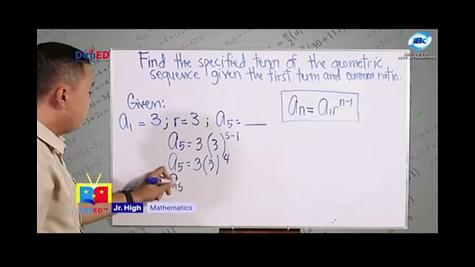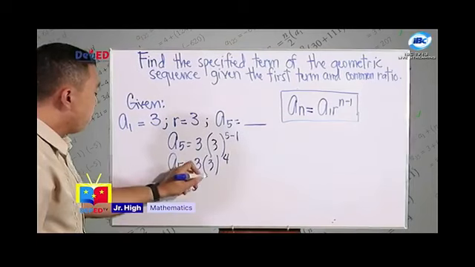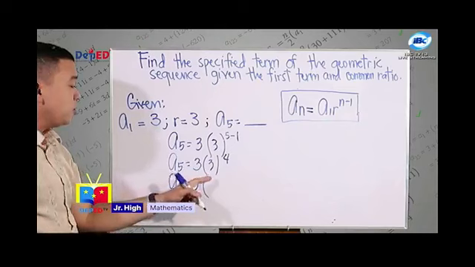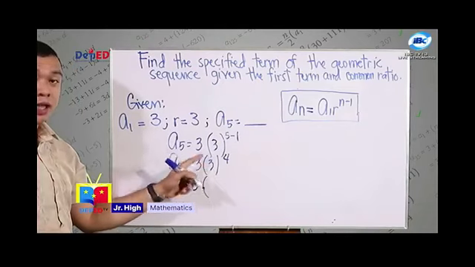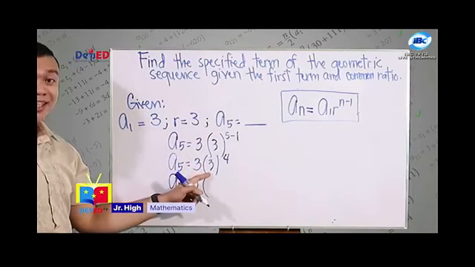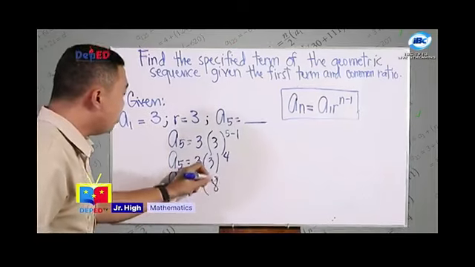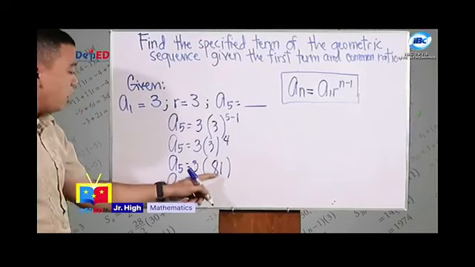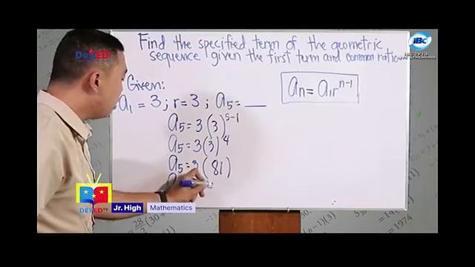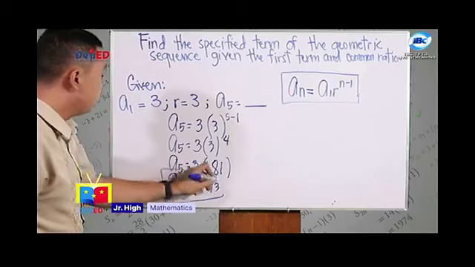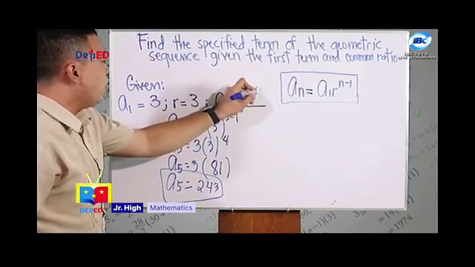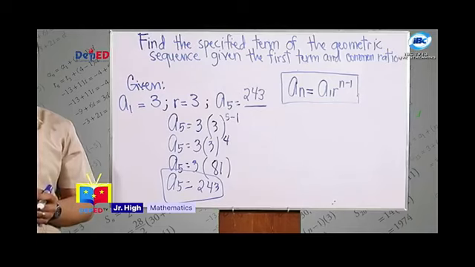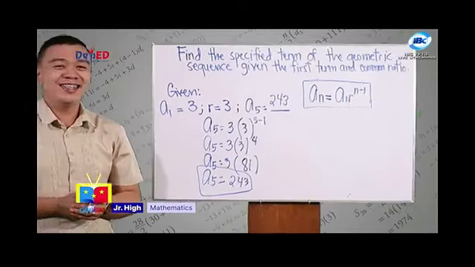A sub 5 is equal to 3, then multiply 3 by itself 4 times. That's 3 times 3 times 3 times 3 will give us, correct, 81. A sub 5 is equal to the product of 3 and 81 will give us 243. Thus, the fifth term of the sequence is equal to 243.